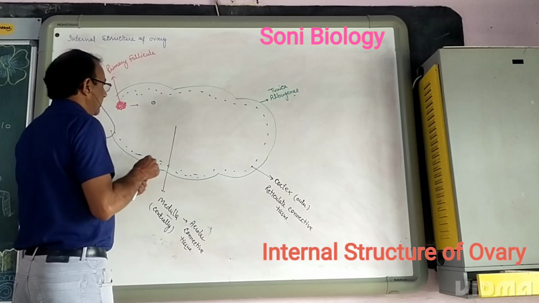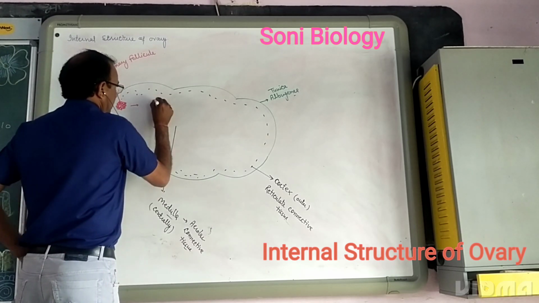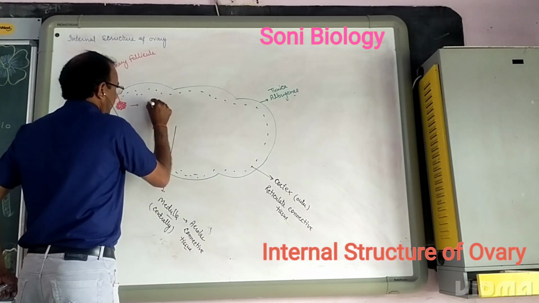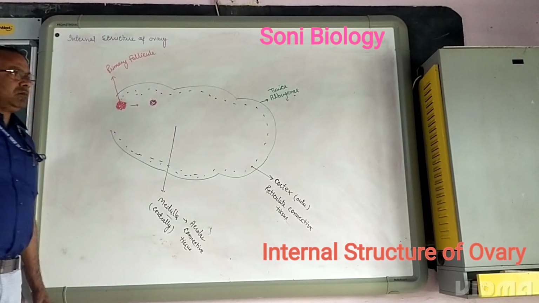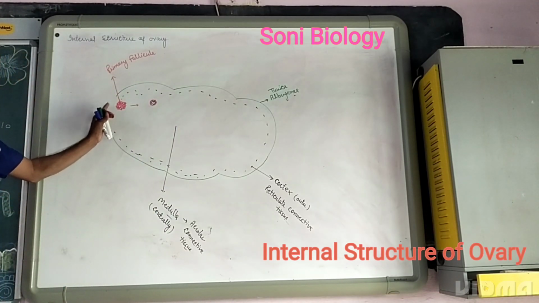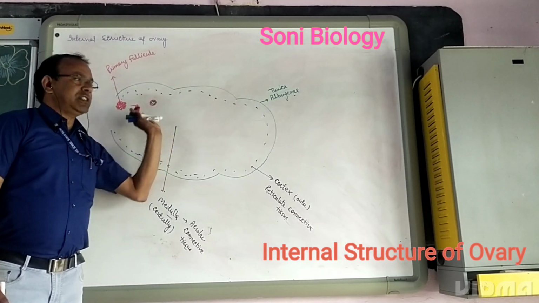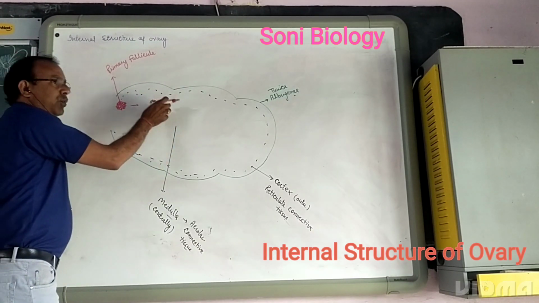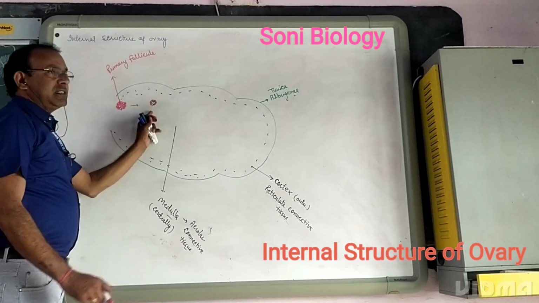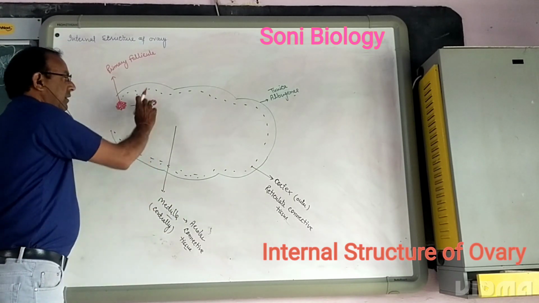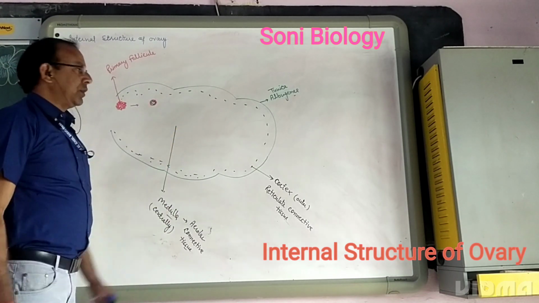There are many cells present outside this membrane. Every month, out of many primary follicles, one starts to grow, and this cell contains many follicle cells around it.